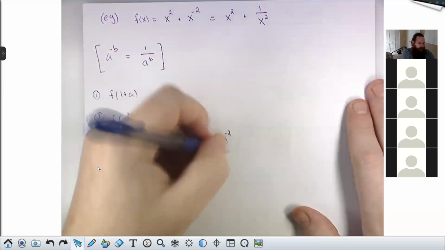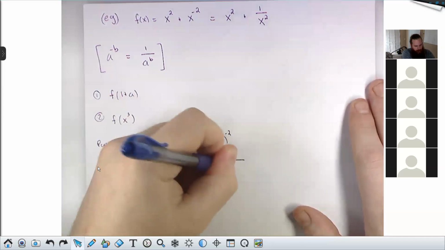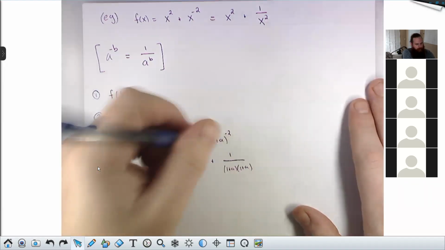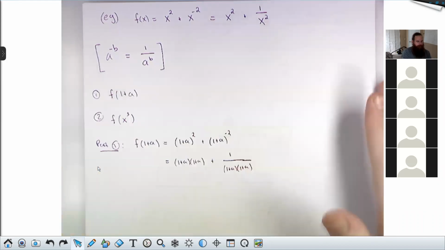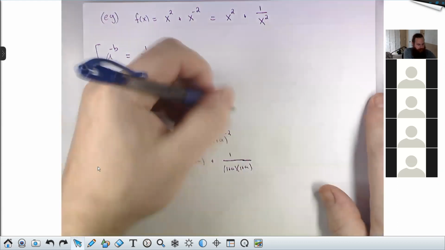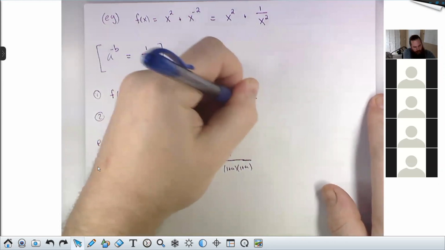And this guy is the same as having 1 over 1 plus a squared. So that's 1 over 1 plus a times 1 plus a, because this piece is the same as 1 over 1 plus a all squared.